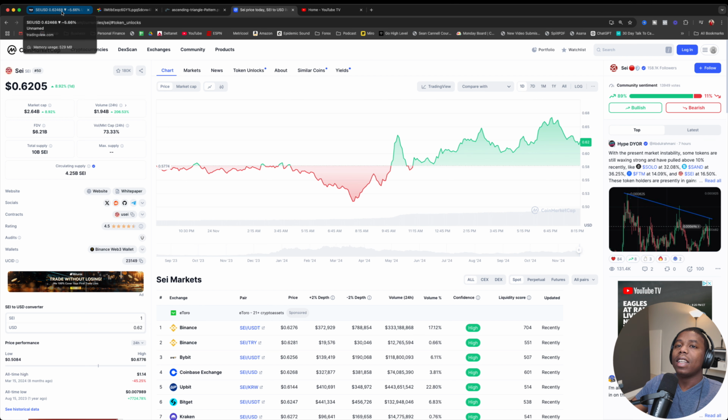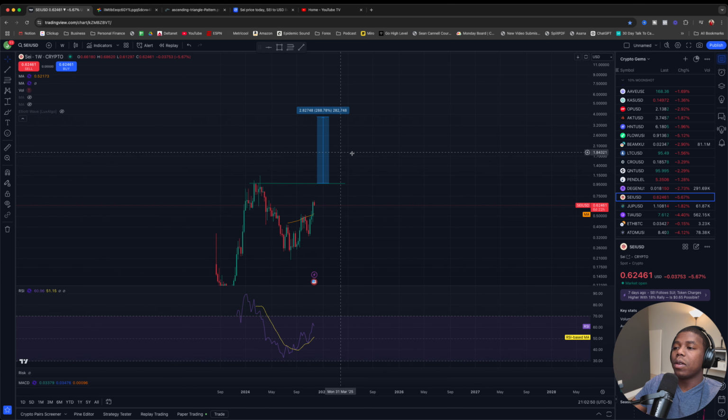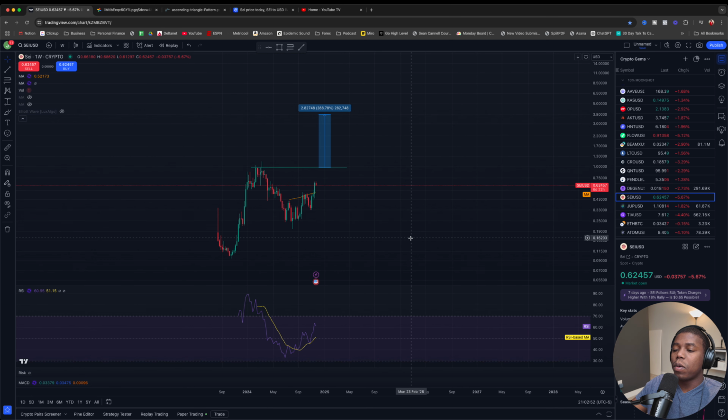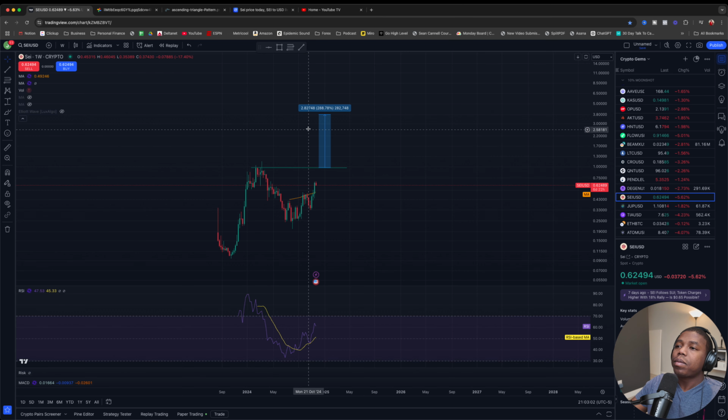It's not in the trillions of dollars. So it is possible to see a move up this way, even up to $4. That would still be reasonable for the entire crypto market. So you just have to compare and just be aware of the market cap and not just look blindly at what price level it's at.